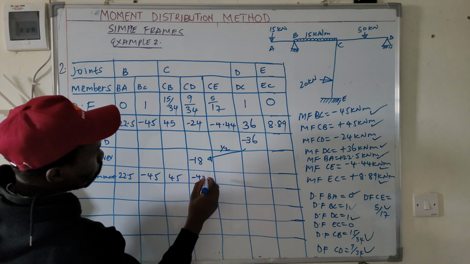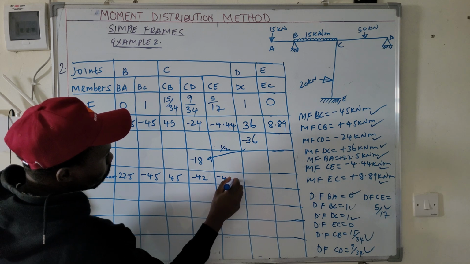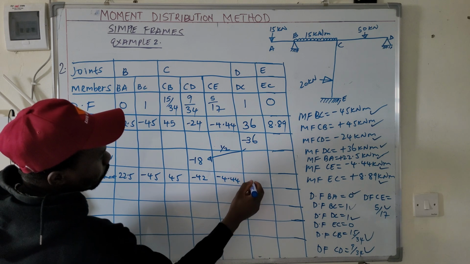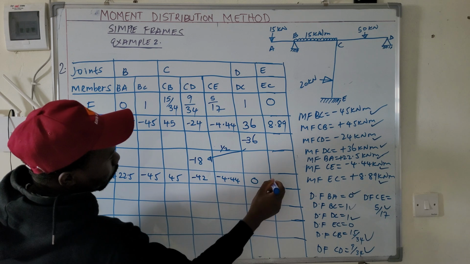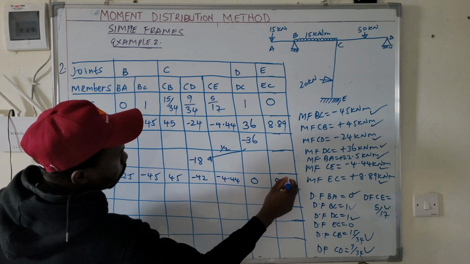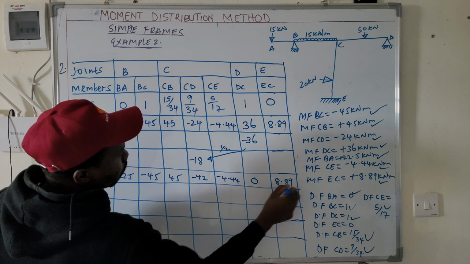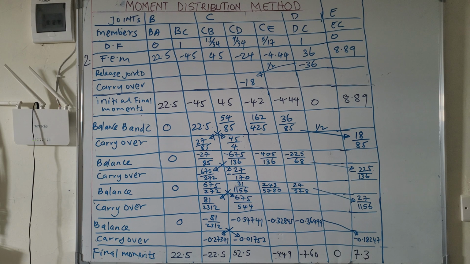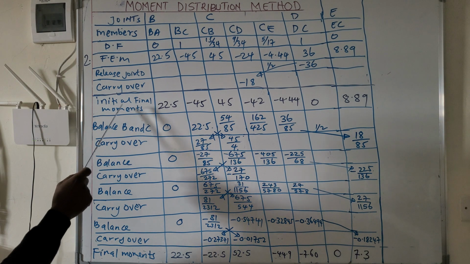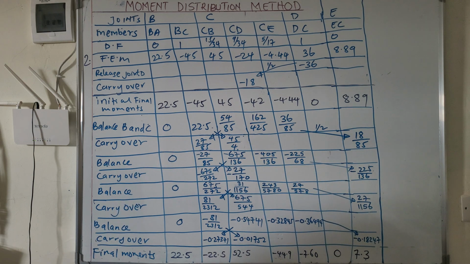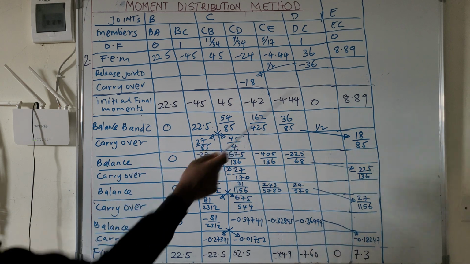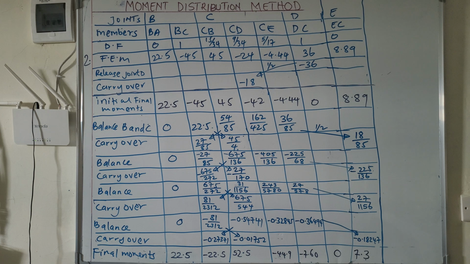Here is minus 4.44, and here is 0. Here is 8.89.